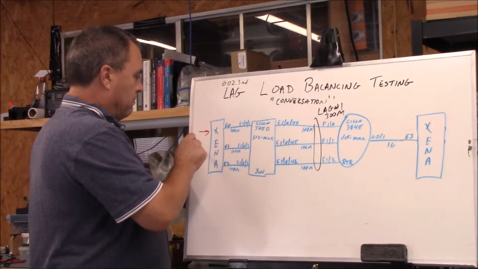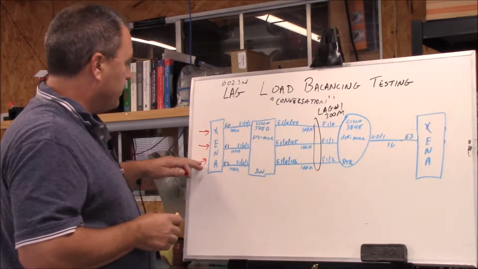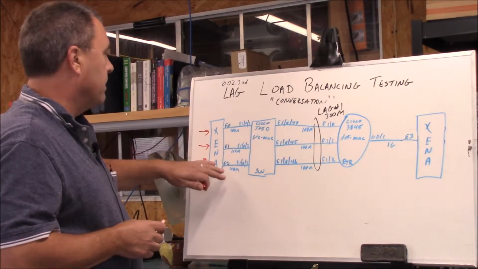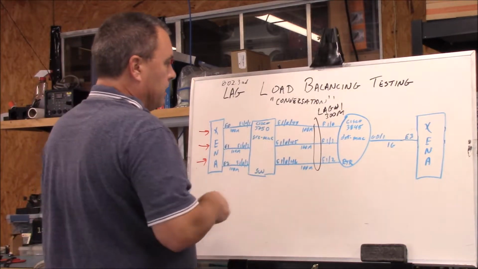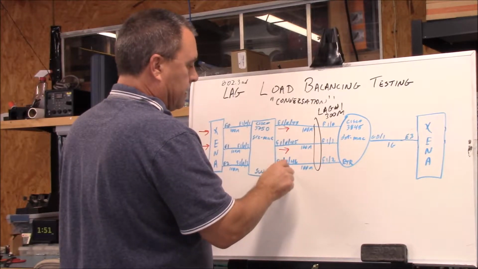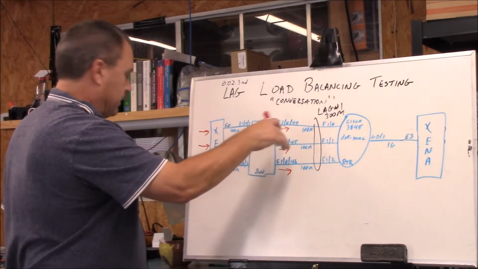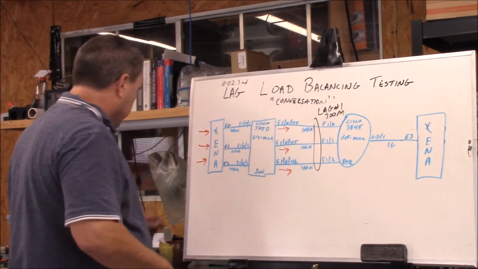If we start 3 separate streams on different ports that have different MAC addresses, it should put those streams on 3 different links inside this LAG, and that's load balancing, instead of sticking 2 streams on 1.